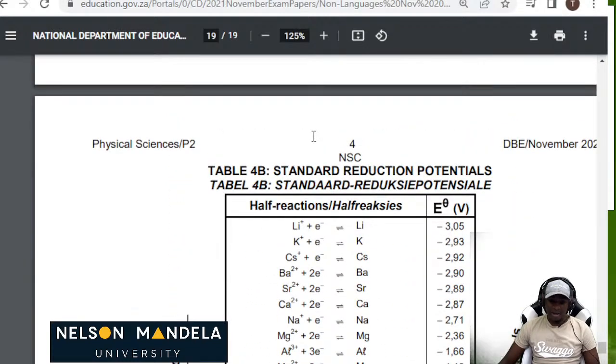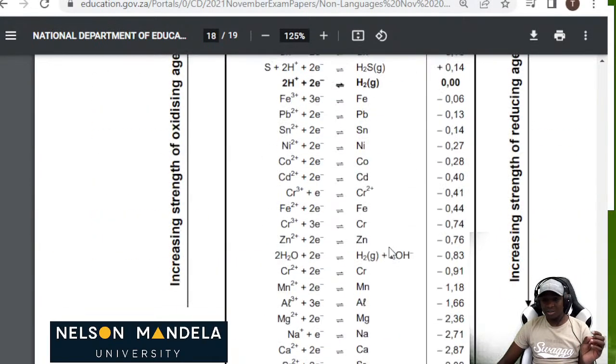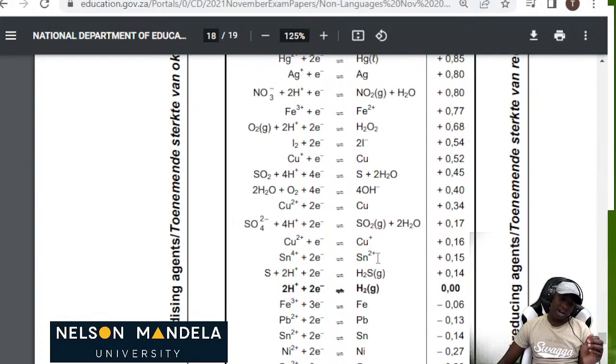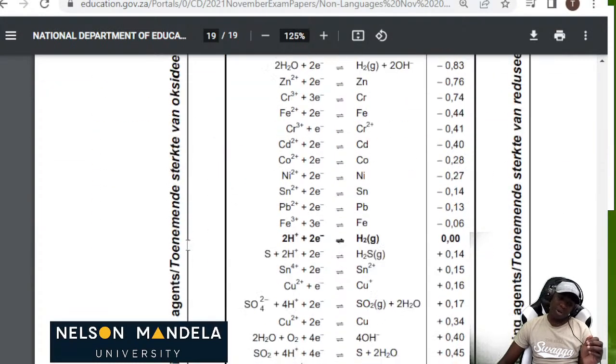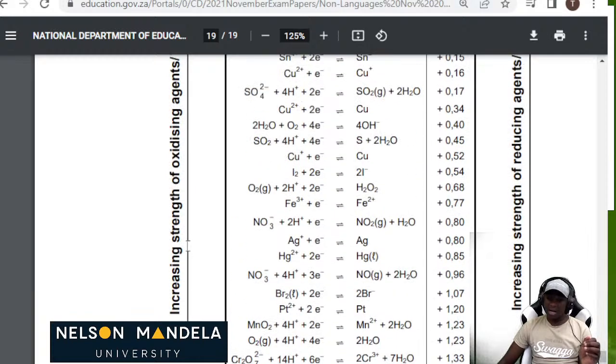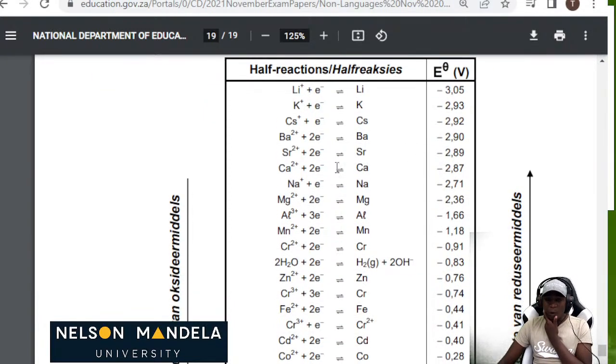This is 4a. I don't usually say use 4a, because 4a is in increasing strength, whereas on 4b we are only looking at the increasing strength of reducing agents, and it also has the standard reduction potentials, which is E naught, which is EMF. Great. So this is our table 4b.